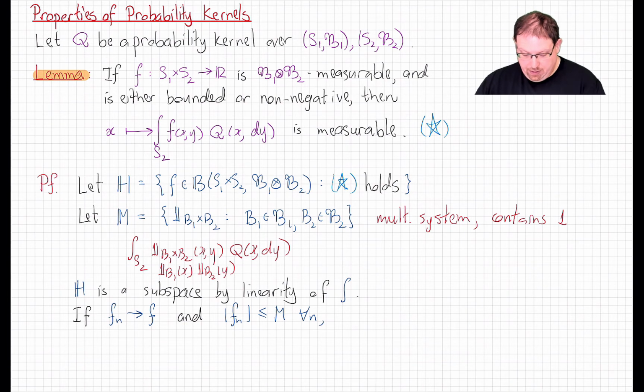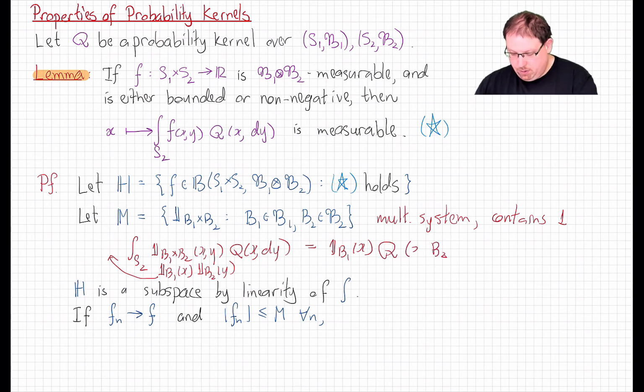And we can factor this constant relative to y function out, which means that we will get the indicator of B1 at x times the integral of the indicator of B2 of y against this probability measure in y, which just means we're taking the measure Q of B2 with this parameter x hanging around.